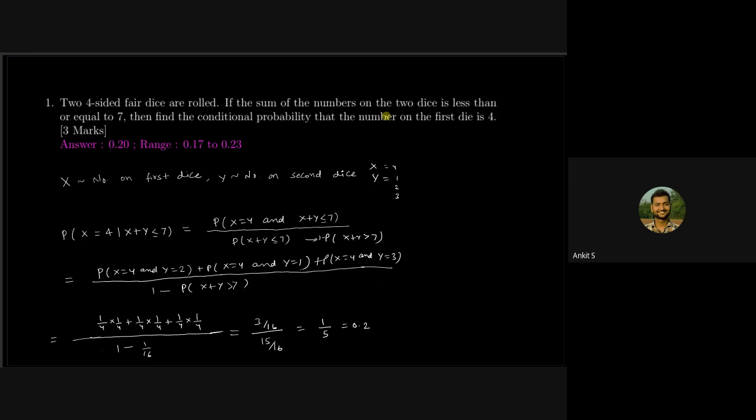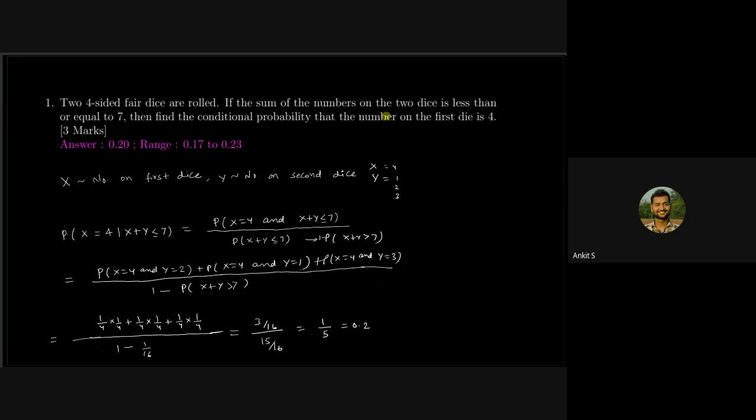Then, this is one question related to week 1 and week 2. Two four-sided dice are rolled. It's not six-sided. If the sum of the numbers on the two dice is less than or equal to 7, find the conditional probability that the number on the first die is 4. This is just like the case I discussed about the sum of independent random variables.